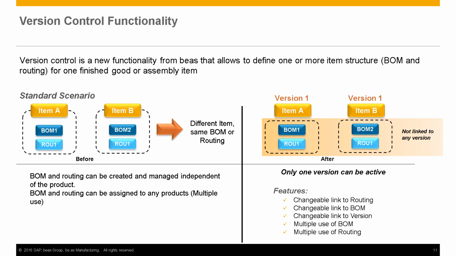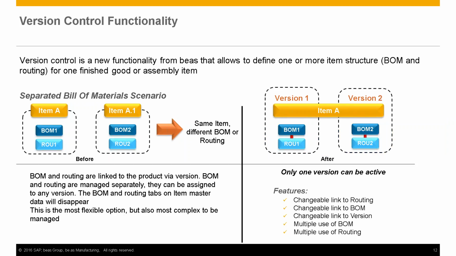This brings more independence to the bill of material and routing from the finished good. That brings us the feature that we can change all the routings and bills of materials to different finished goods, as a consequence of having multiple uses for that bill of material.